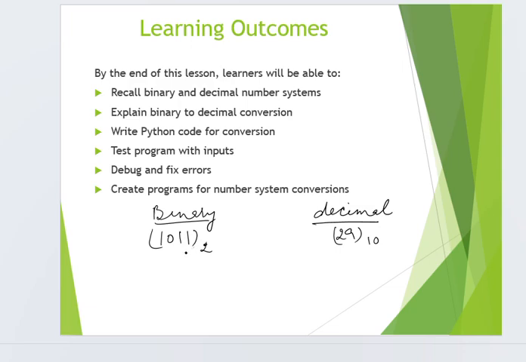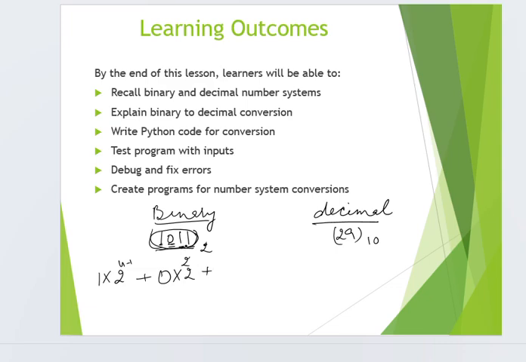Now to convert any binary number to decimal, first of all we should know how many digits there are in the binary number. In this case we have 4 digits. So we start with the first digit and multiply by 2 to the power 4 minus 1, meaning the length minus 1, plus the second digit from the left side into 2 to the power 3, because 4 minus 1 is 3, this is 2.